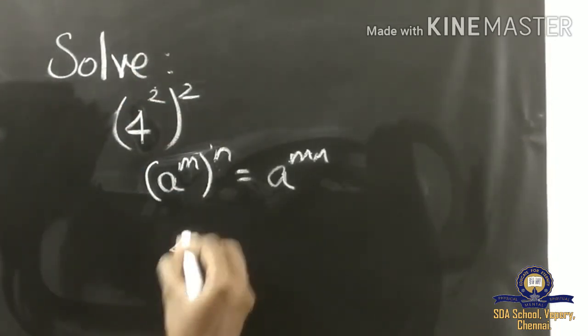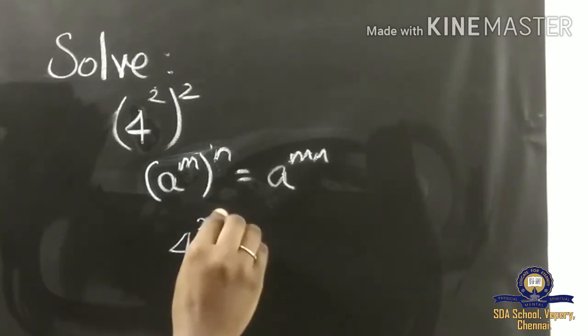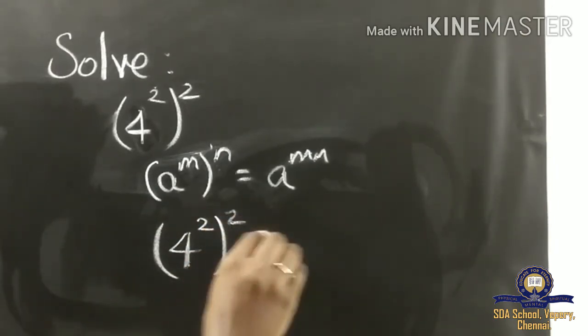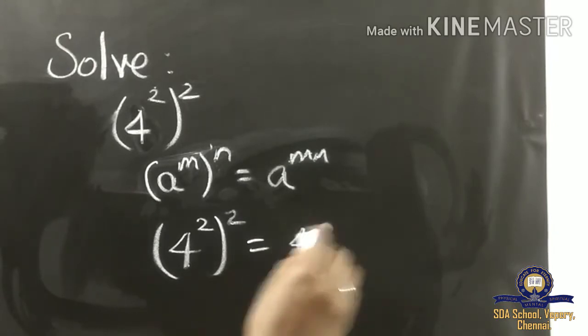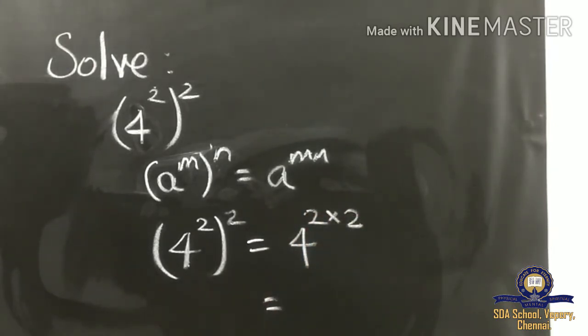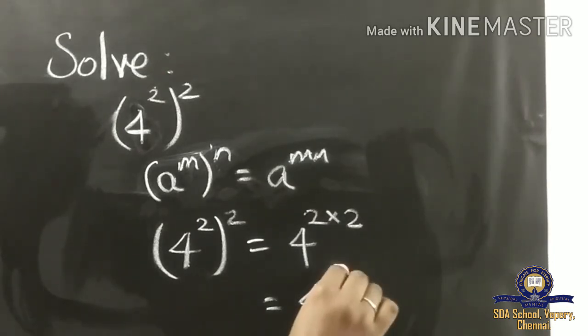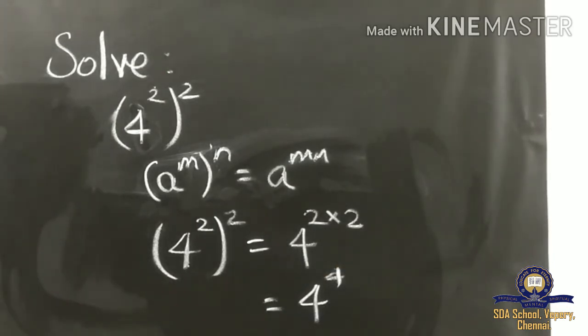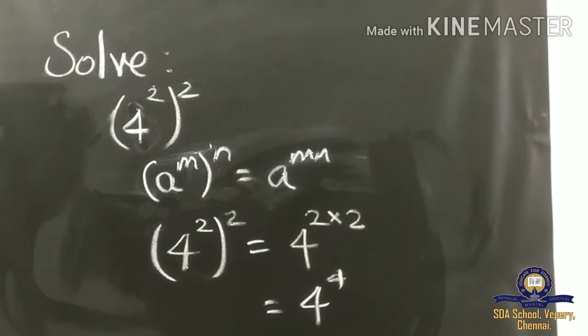So here the values are (4^2)^2 is equal to 4 power 2 into 2. So it is in the form of 4 power 4. I hope you all understand this. Okay?